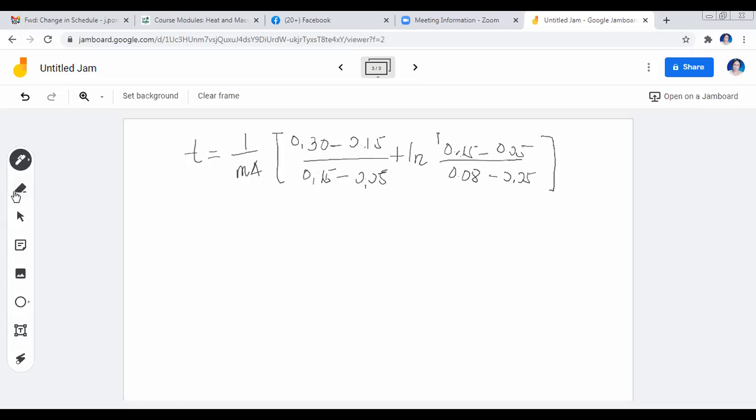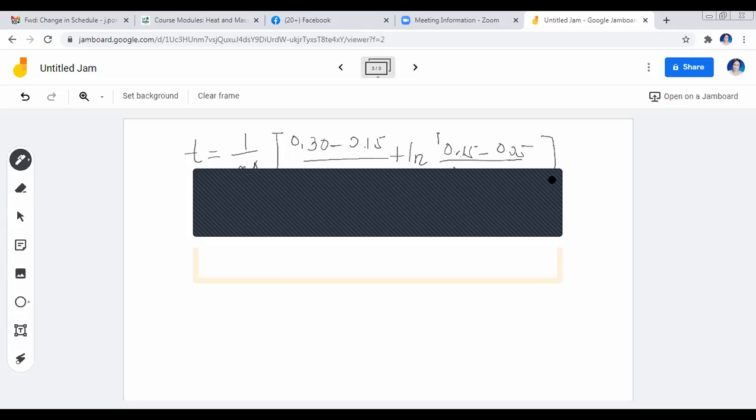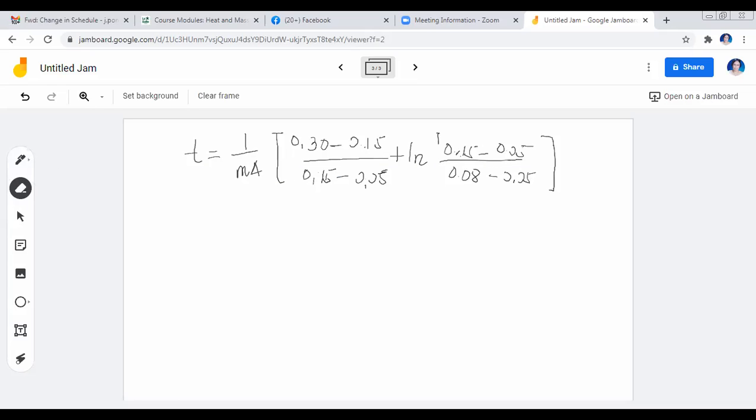Okay, so in here, you will be getting a value for the T. If you will substitute the 1 over MA of 8 point, how much was that?